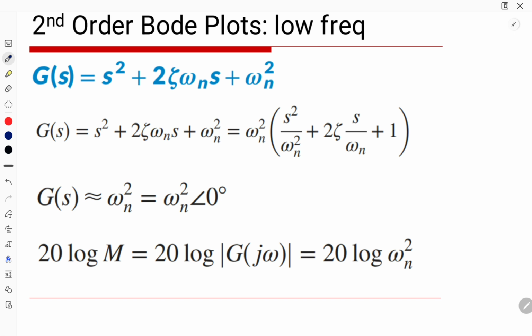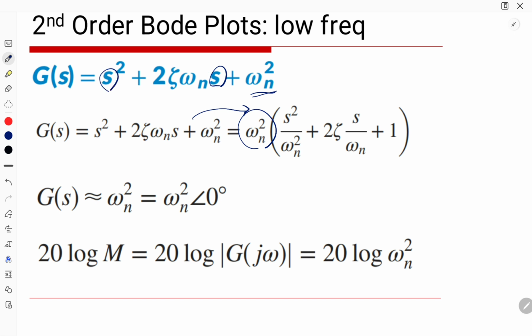For this one, let's just say a second order polynomial in the numerator. Let's rearrange it in terms of omega n squared, because you can pull it out and it's a number.